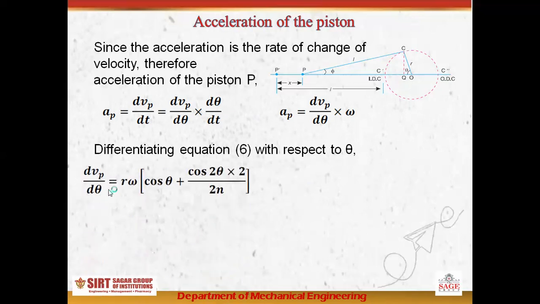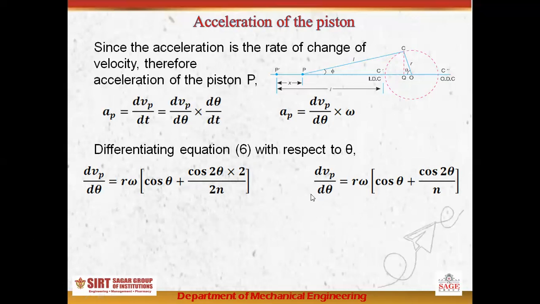So the differentiation of the velocity of the piston with respect to theta is equal to r omega (cos theta plus cos 2 theta into 2 divided by 2n). This is the differentiation of equation number 6. Then dVp upon d theta is equal to r omega (cos theta plus cos 2 theta upon n), because 2 and 2 cancel out.